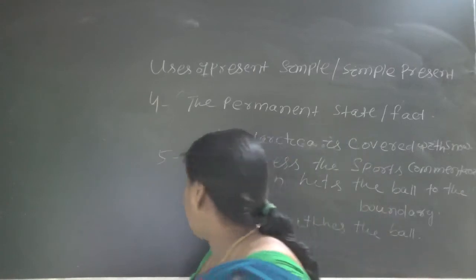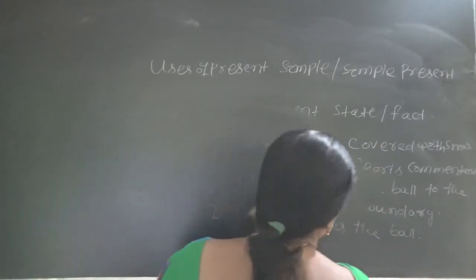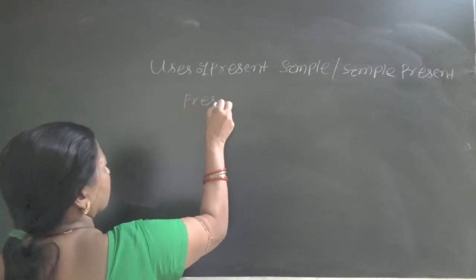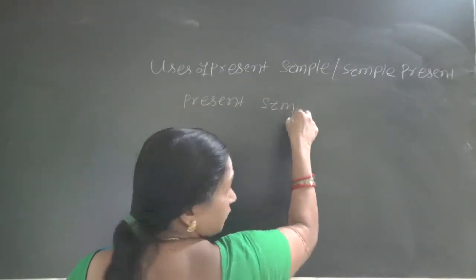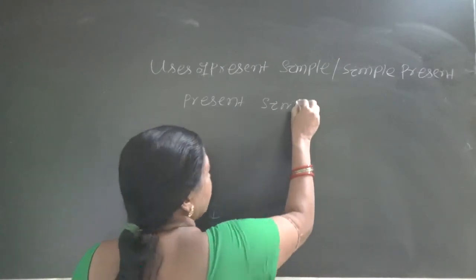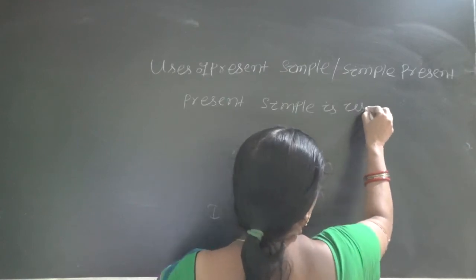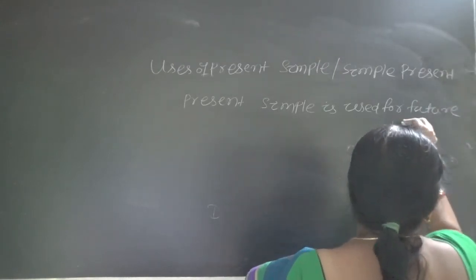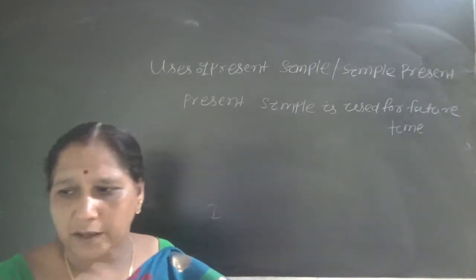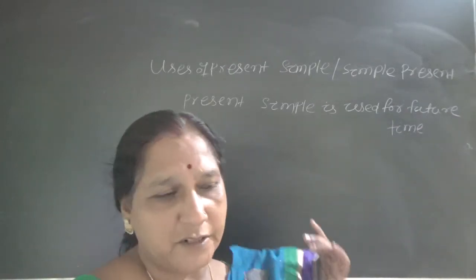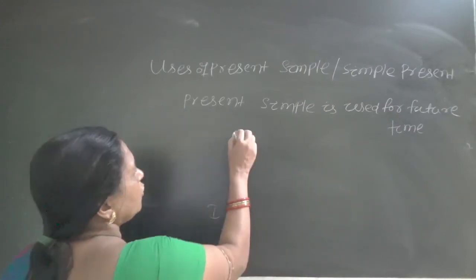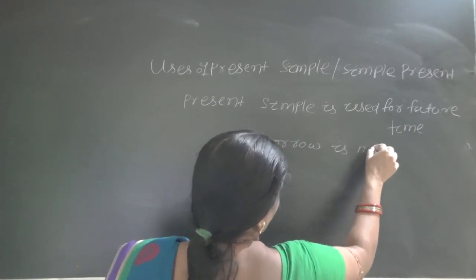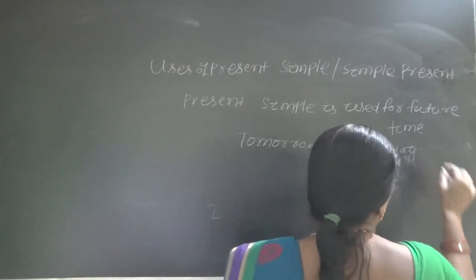Present simple is used for future time. For example, tomorrow is Monday.